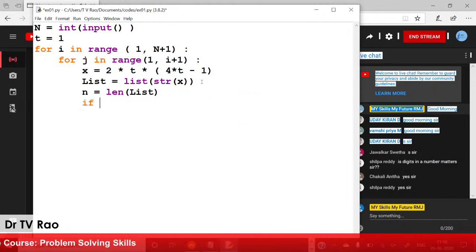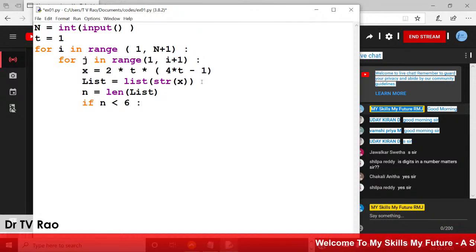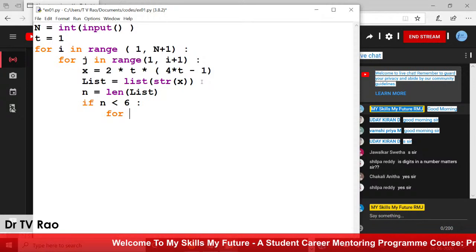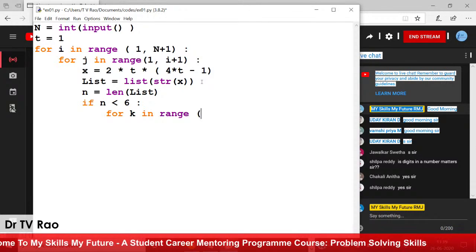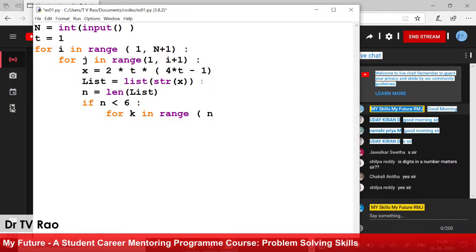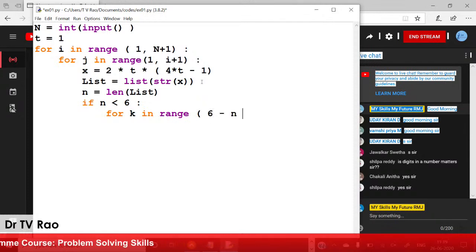Okay, if number of digits is less than 6, then say for, take one more iterable, i and j are consumed, take k in range, sorry, 6 minus number of digits. Okay, these many zeros are to be inserted.